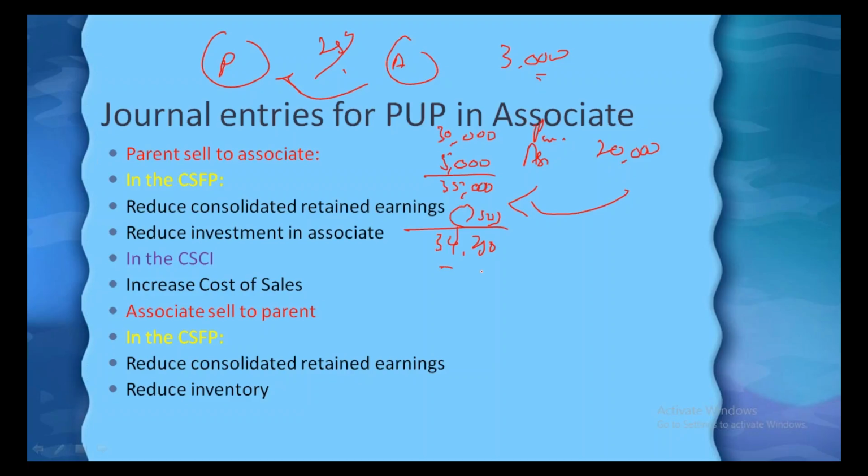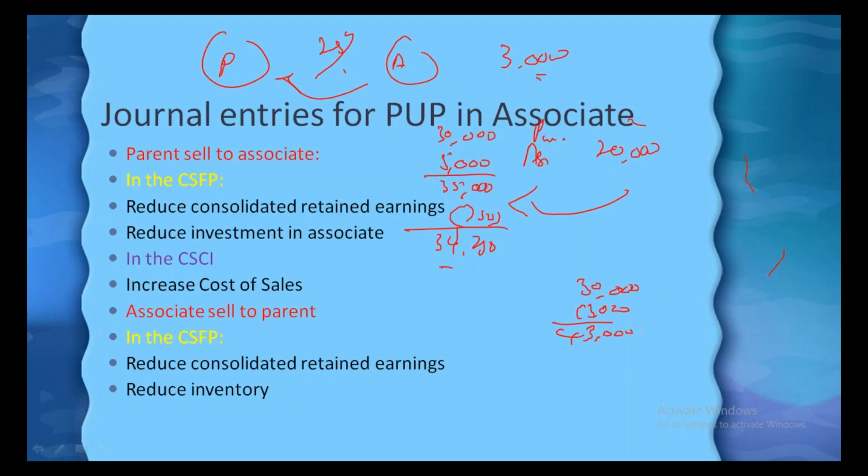And now, because when the associate sells to the parent, it is my inventory. So my inventory is overstated by 3,000 because it's an intercompany sale. So I may have an inventory of my own, of the parent, 30,000. The parent company will have its own inventory of 30,000. What I got from these people is worth 13,000.